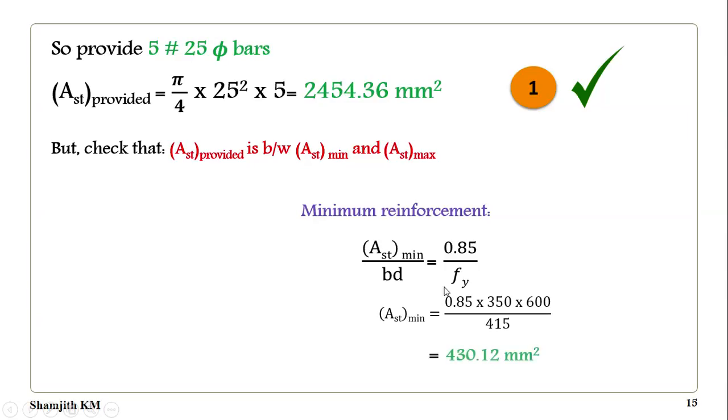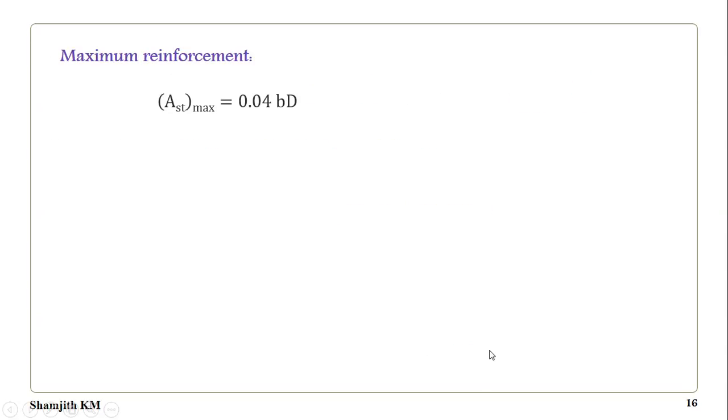We will be getting the answer as 430.12 mm square. So the minimum AST should be 430.12. The value we got is greater than the minimum required, so it is okay. But we need to check for maximum also.